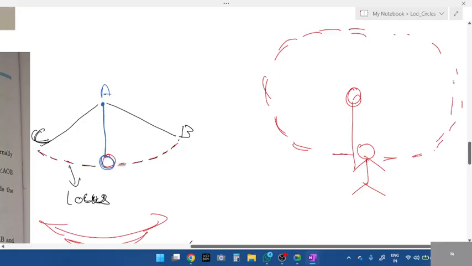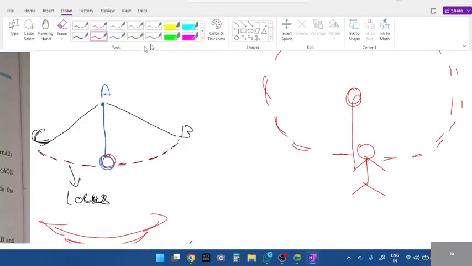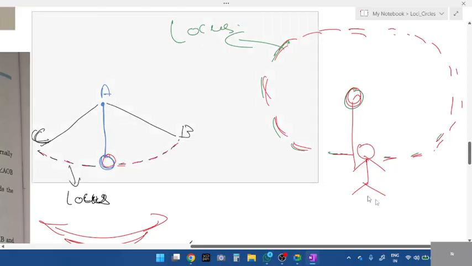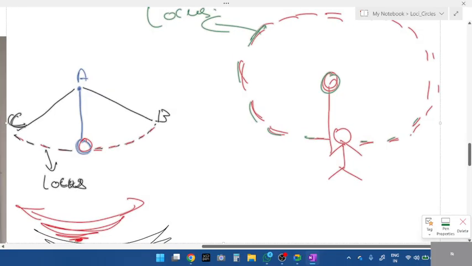It will rotate in this direction, right? And the distance will not change, students. Distance will not change. So this is known as locus. It's a point or a path traveled by a certain object. Just basically a path, student. That's it. That is locus.